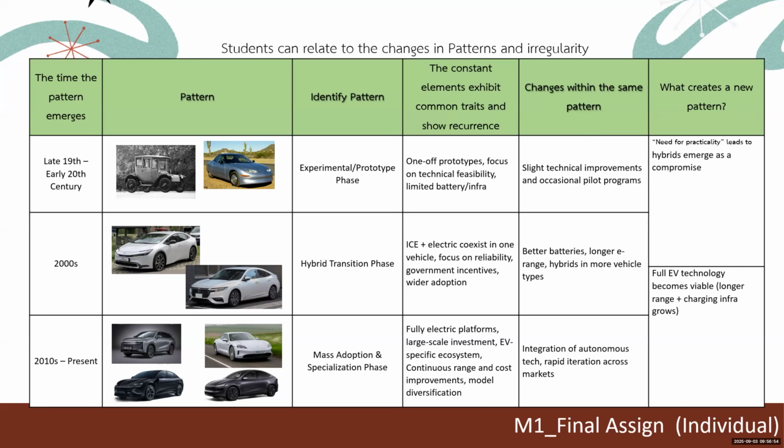And we used that idea and then developed another one, which is a hybrid transition phase. A hybrid means they combine together: one is an ICE, which is called in Thai engine, and the electric. So we combine these together and we got a hybrid car.